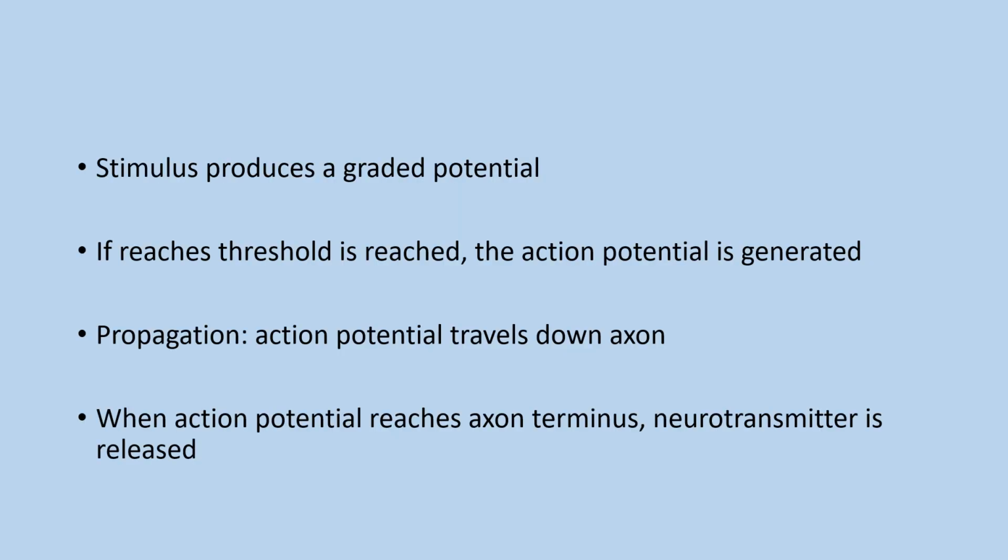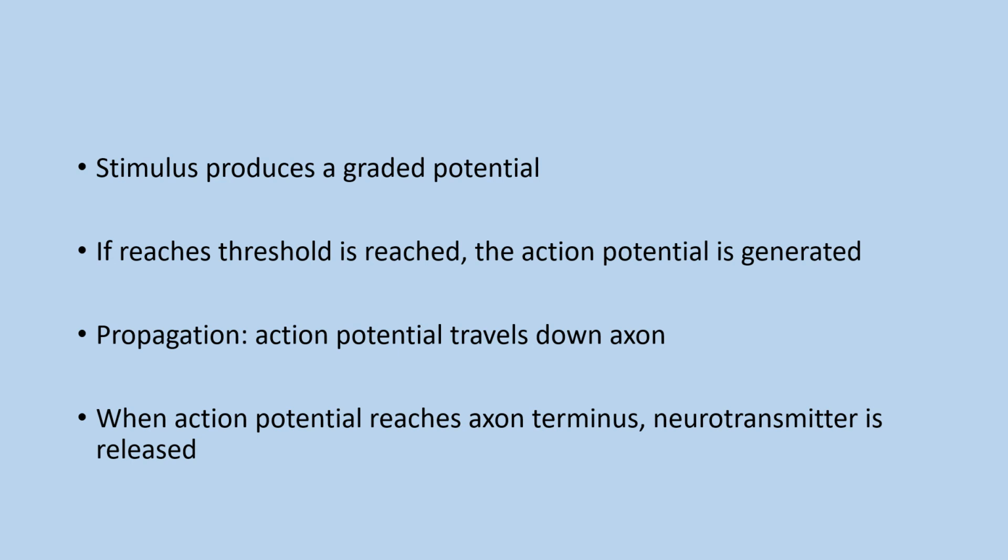So a stimulus, whatever that stimulus may be, it may be pain, it may be light touch, it could be hot temperature, cold temperature, whatever, there's a stimulus. And it's going to produce a graded potential. Graded potential is just a localized change in the electrical charge in the cell.